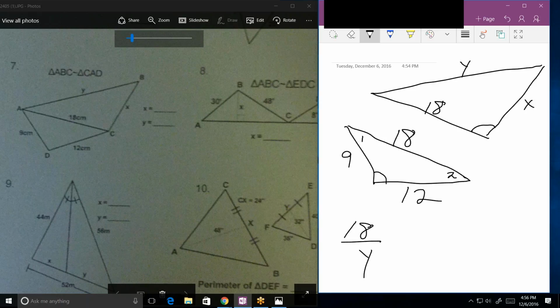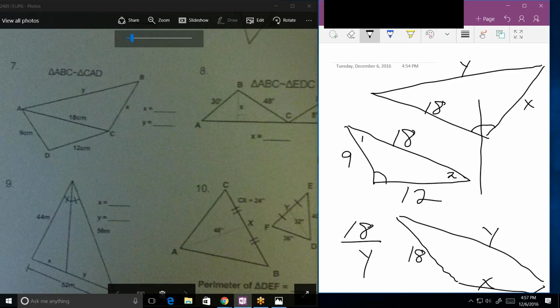Now, if I take this bigger triangle and I rotate it about 90 degrees clockwise, now I can see everything, right? In other words, if I take this triangle and I draw it like this by rotating it to the right, well, this becomes y, this becomes 18, and this becomes x.